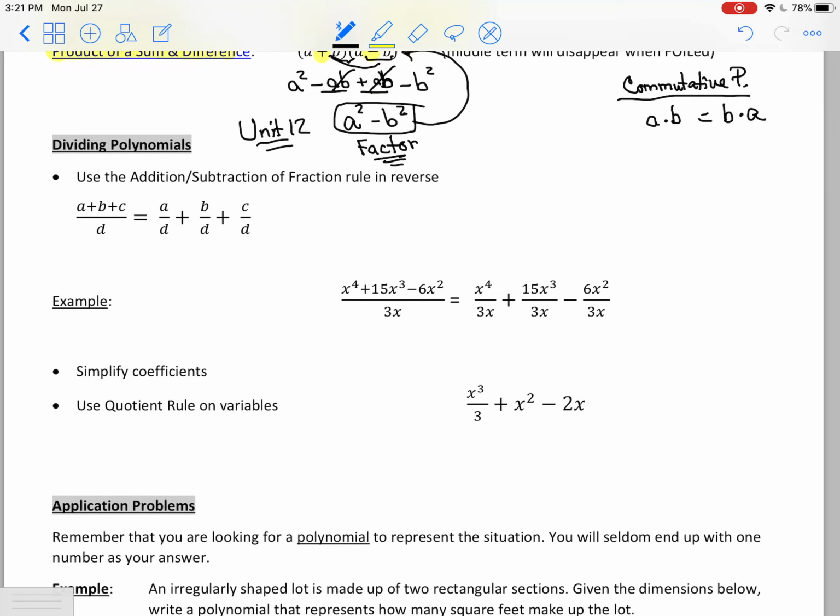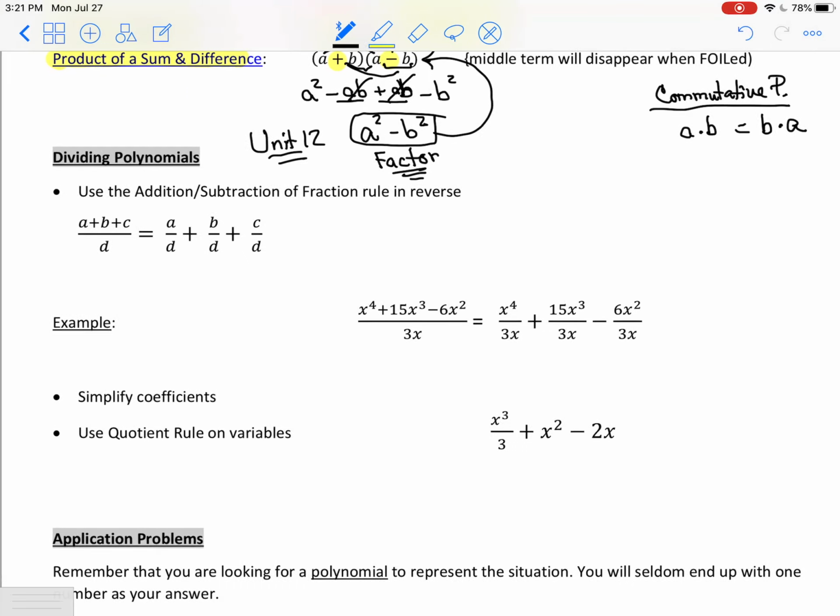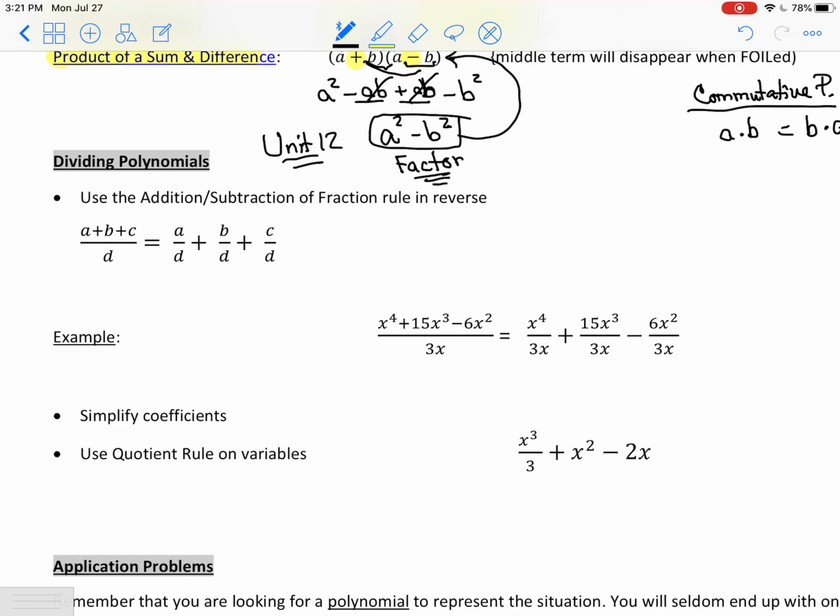All right, let's move on with some division of polynomials. And guys, division of polynomials is very straightforward, at least with what we're covering in this class. We are dividing by a monomial in this class.